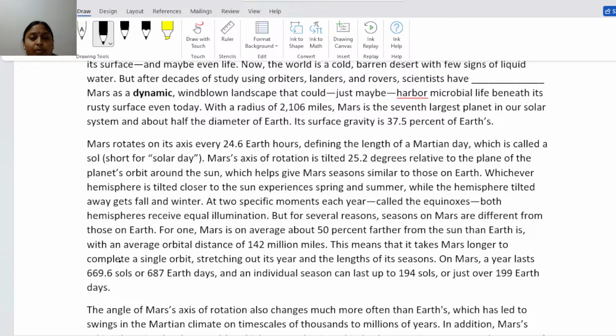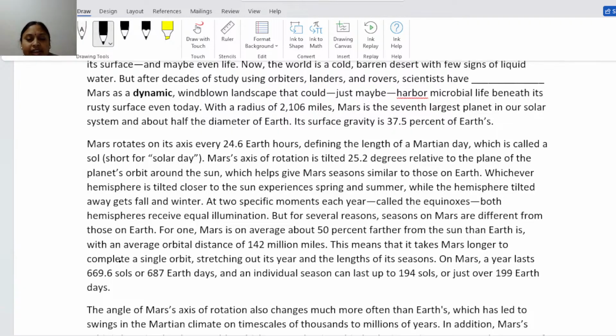For one, Mars is on average about 50% further from the Sun than Earth is, with an average orbital distance of 142 million miles. This means that it takes Mars longer to complete a single orbit, stretching out its year and the lengths of its seasons.